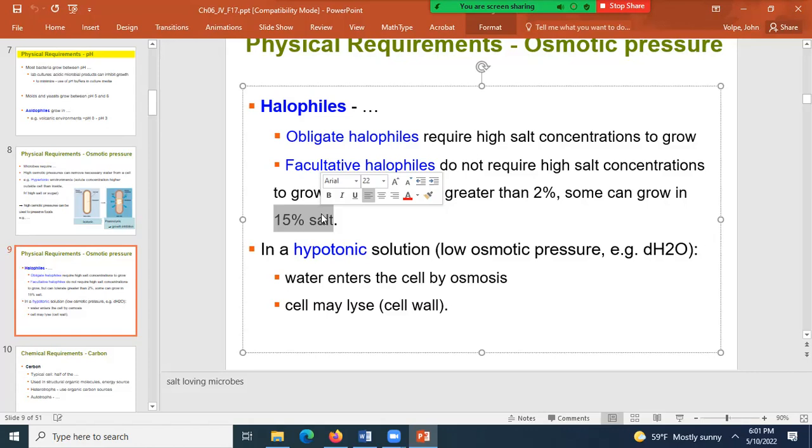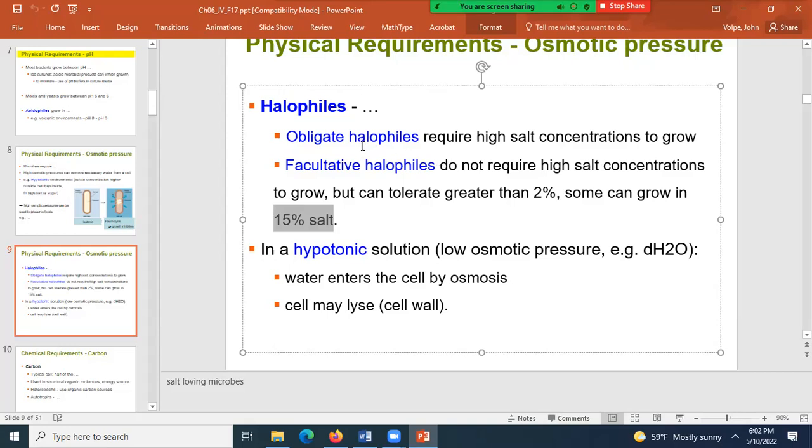I guess the halophiles on your skin can grow up to 20% sodium chloride, but all of them are facultative halophiles. They do not require that high of salt to grow, and they can grow at 2% sodium chloride or less. An obligate halophile requires a high salt concentration to grow, and they actually die or fall apart if they're not in that high salt concentration.